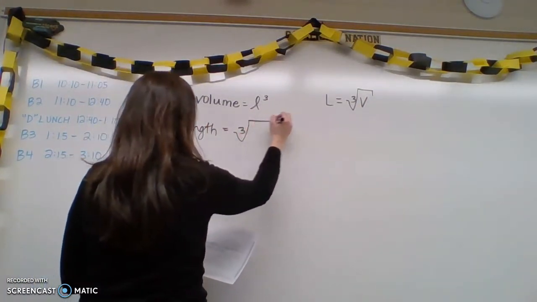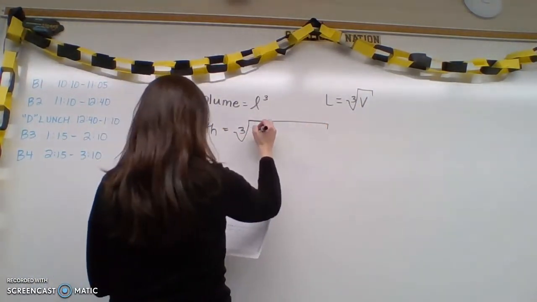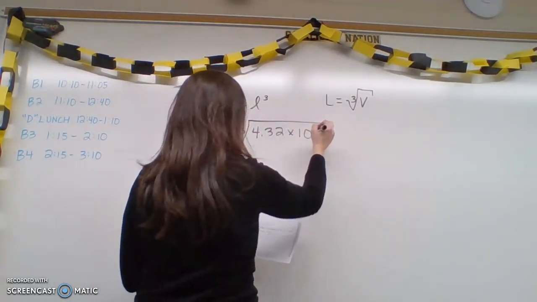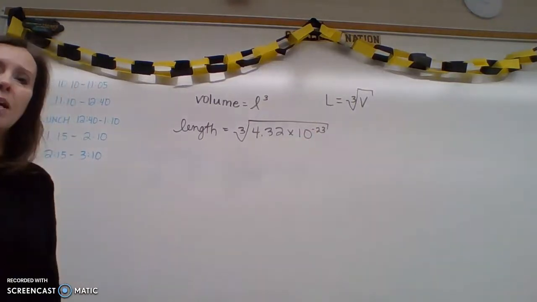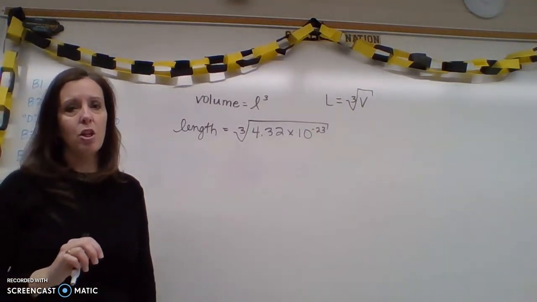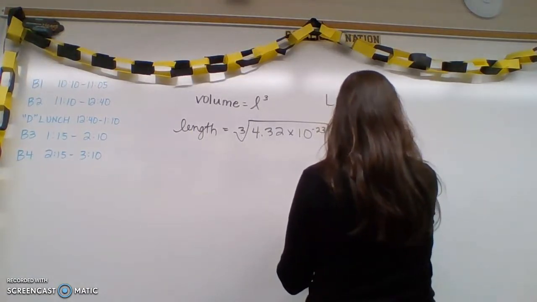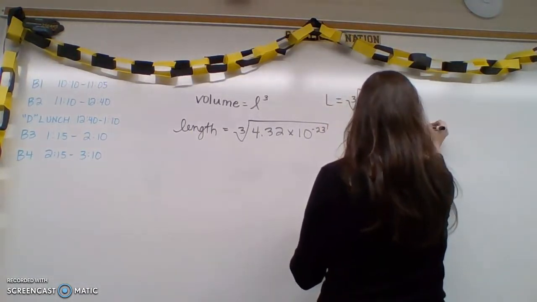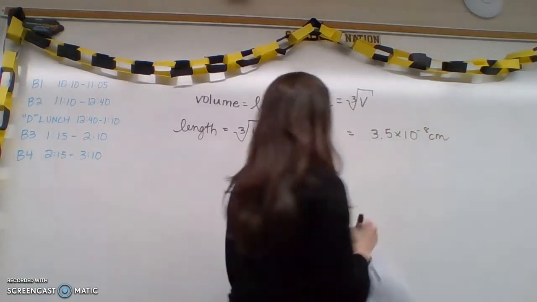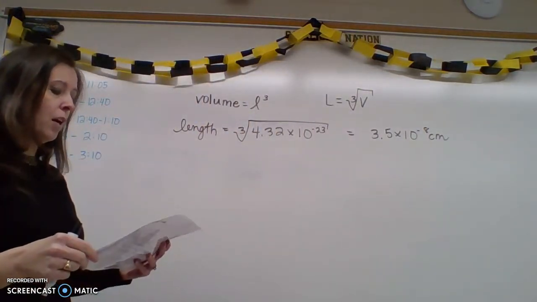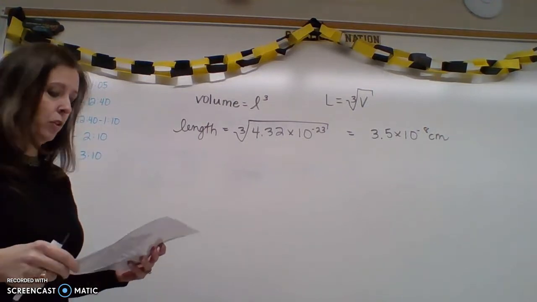Now, when I go to find length, it is the cube root of 3 times 4.32 times 10 to the negative 23, okay? Because that's in milliliters, it means it's in cubic centimeters. So when I go to find my answer, that is the length of that cube, okay?